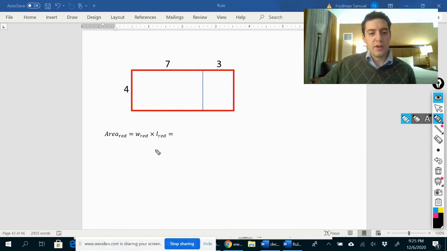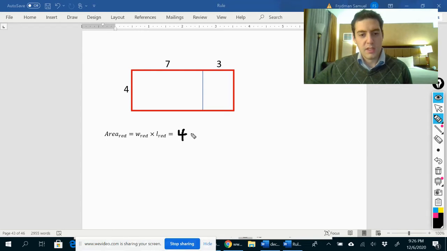Okay, so the width of the rectangle is 4 units, whatever the units are, centimeters, inches, whatever they are. It's 4. Times the length of the rectangle, which is from here to here. Now from here to here is 7 units, and from here to here is 3 units.